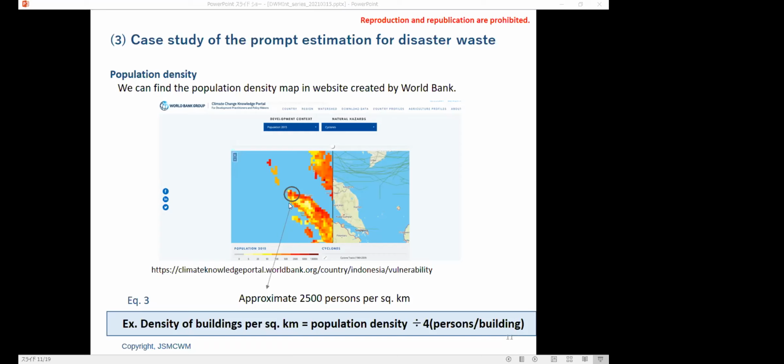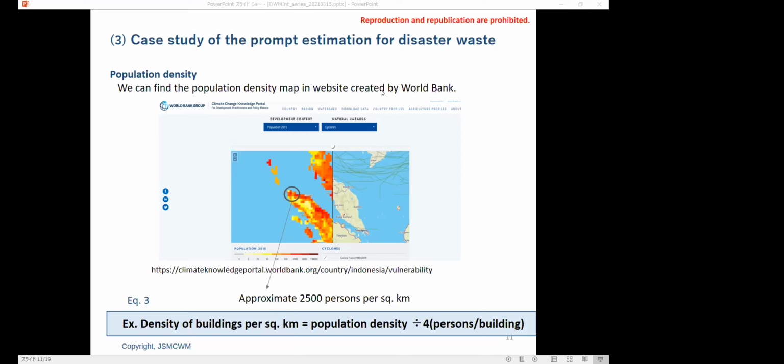We can know the population density by colors. And we also know the vulnerability by disaster type.